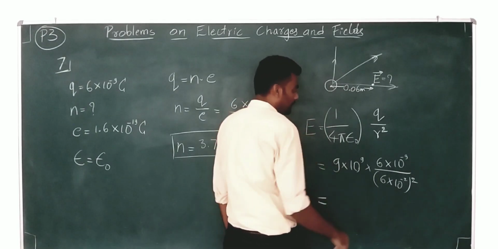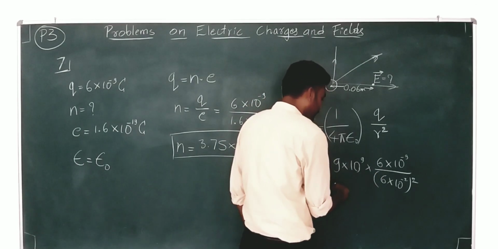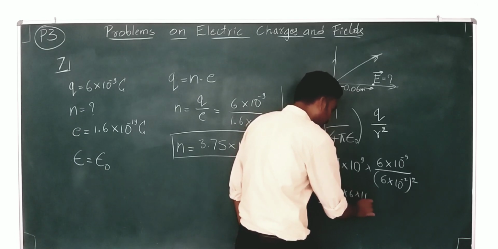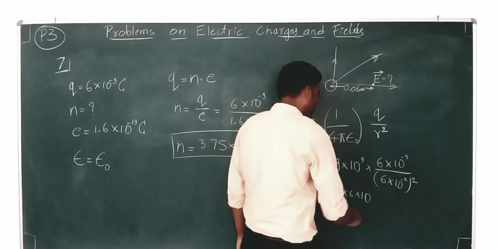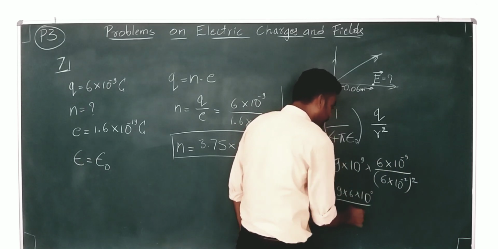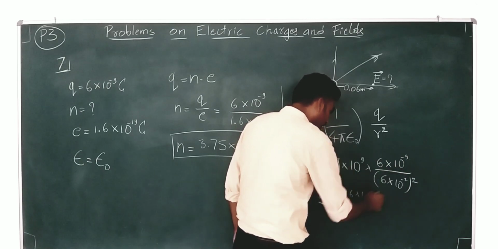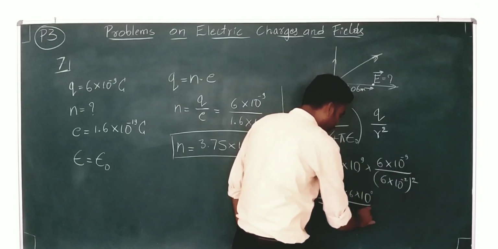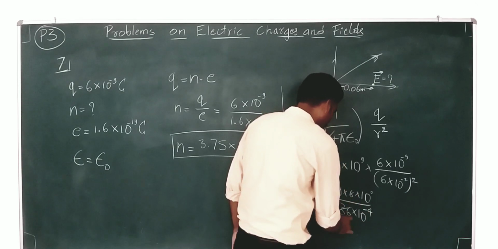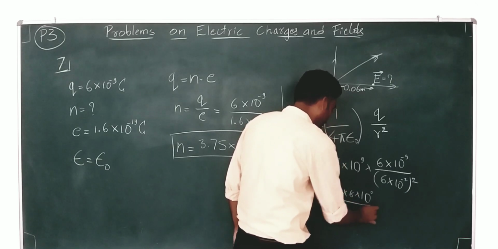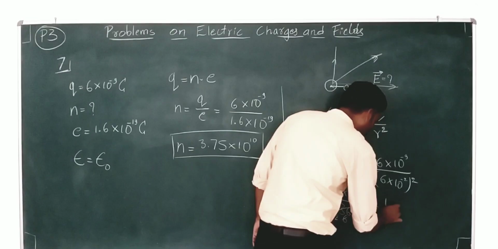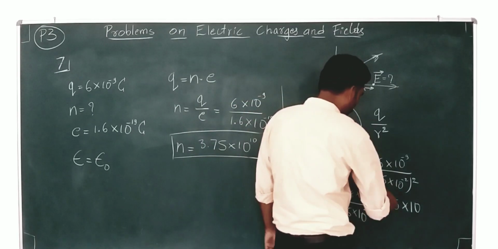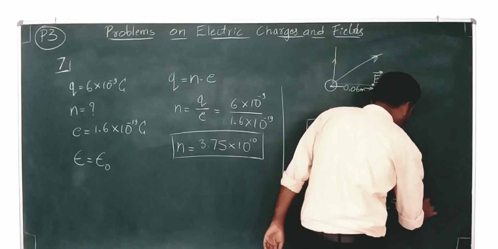It is quite easy: 9 into 6 into 10 to the power of minus 9 plus 9 cancels, giving 0. Then 6 squared is 36 into 10 to the power of minus 2 whole squared, which is minus 4. 6 ones are 6, 6 threes are 3, 3 twos are 3 by 2, which is 1.5 into 10 to the power of minus 4 going to the numerator, becomes plus 4.